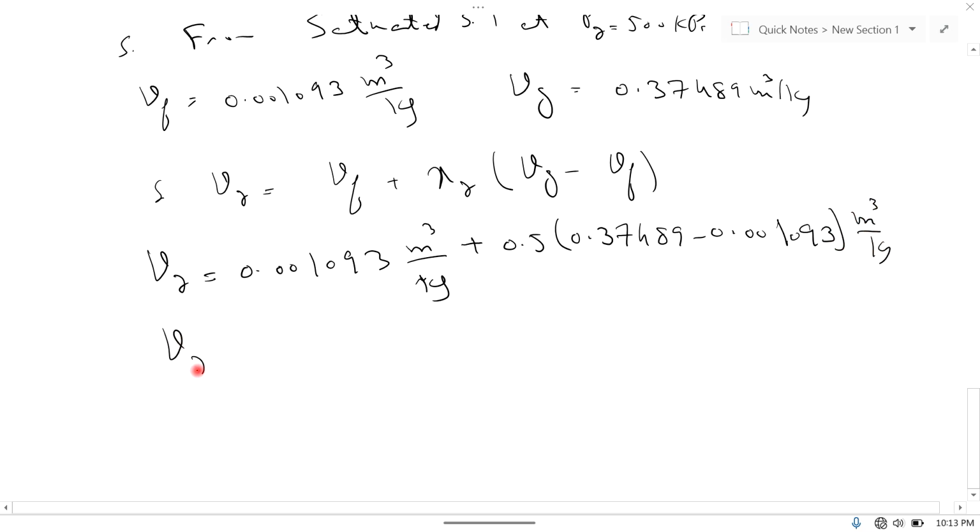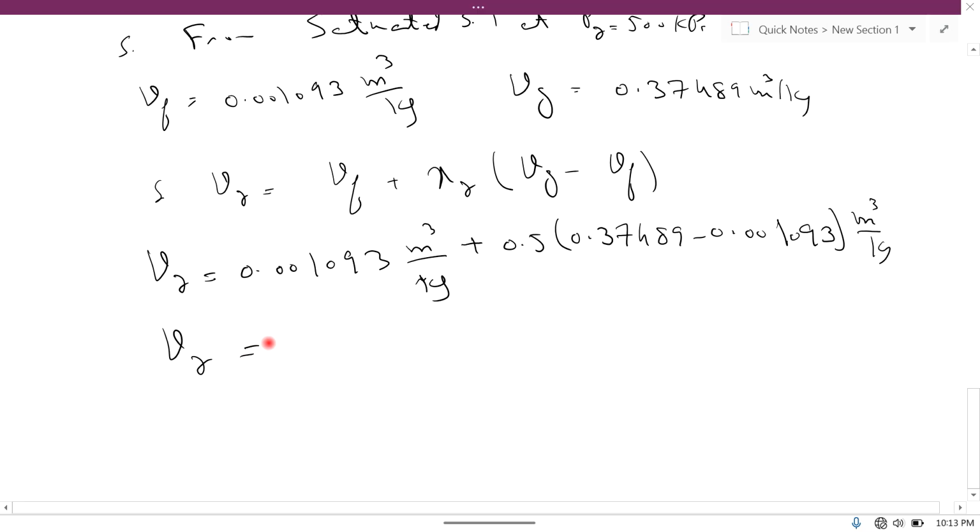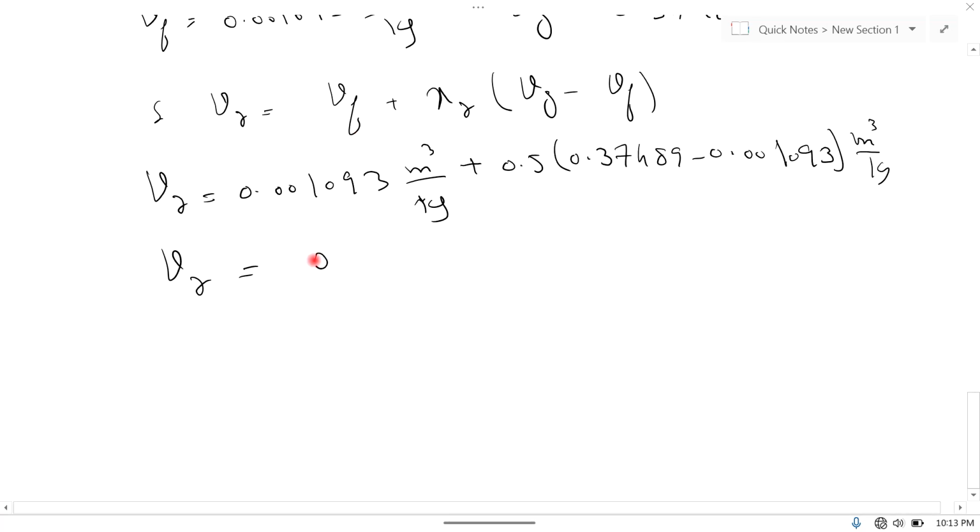Simplifying, V2 is equal to 0.18799 meter cube per kg.